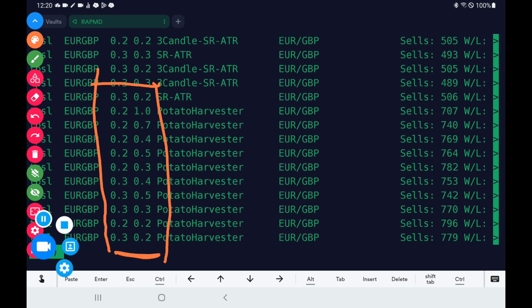Personally, if I was to trade this, I would go with a 0.2 take profit, 0.2 stop loss. It's a 1-to-1, and it's consistent with what I see for the overall data. It is within reason of other points of data that I see that are profitable.